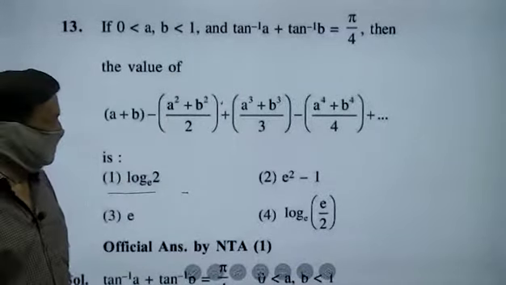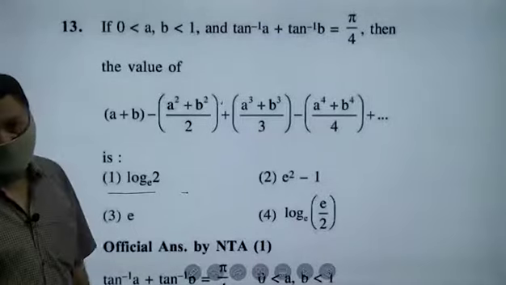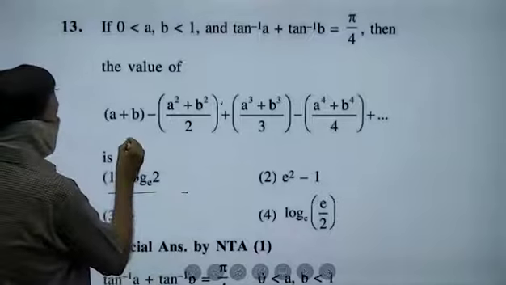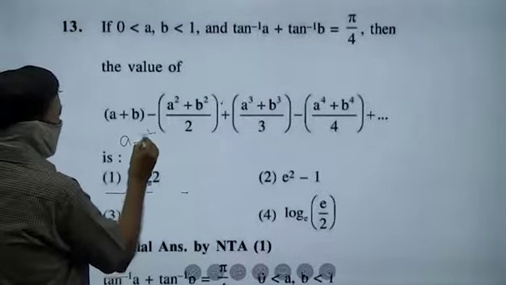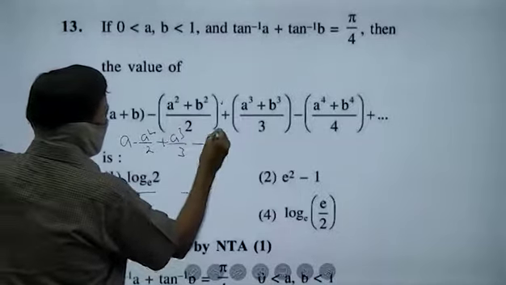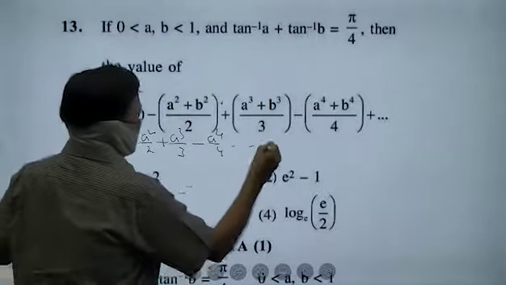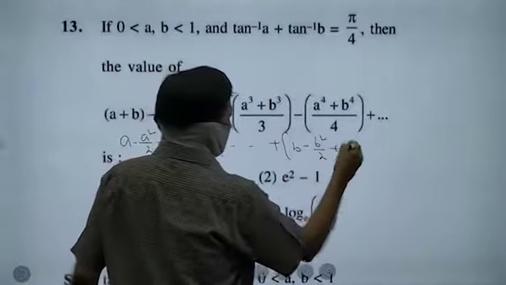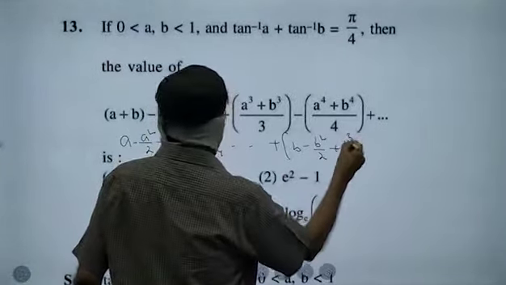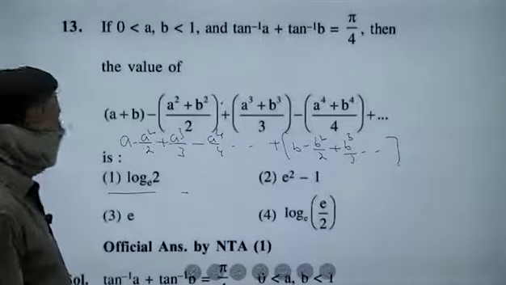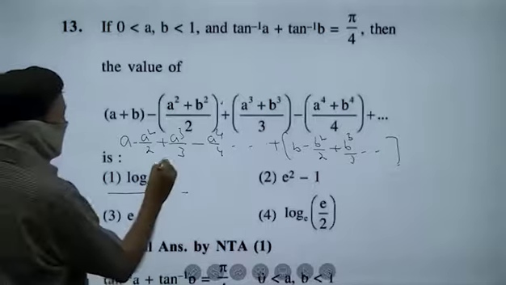Understood? Right. Now, listen. This is a minus a square by 2, a square by 3, plus b minus b square by 2, b cube by 3, etc. So this is what?